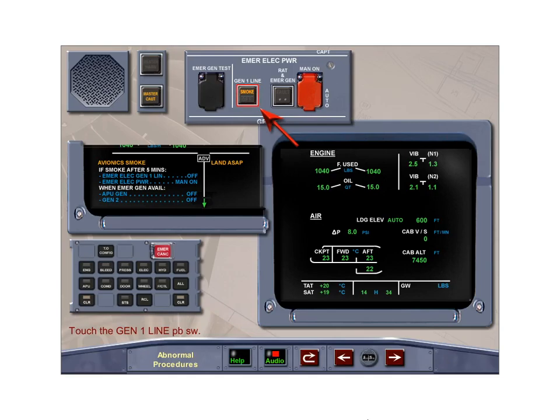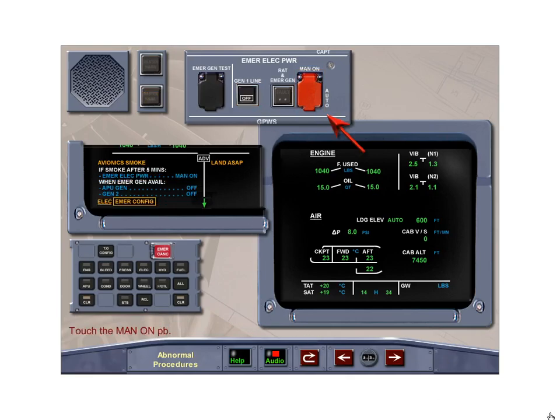If there is still smoke after 5 minutes, the emergency electrical generator line 1 push-button switch is selected off, which opens the generator 1 line contactor and automatically connects generator 1 to 1 fuel pump in each wing tank. Touch the generator line 1 push-button switch to turn it off.